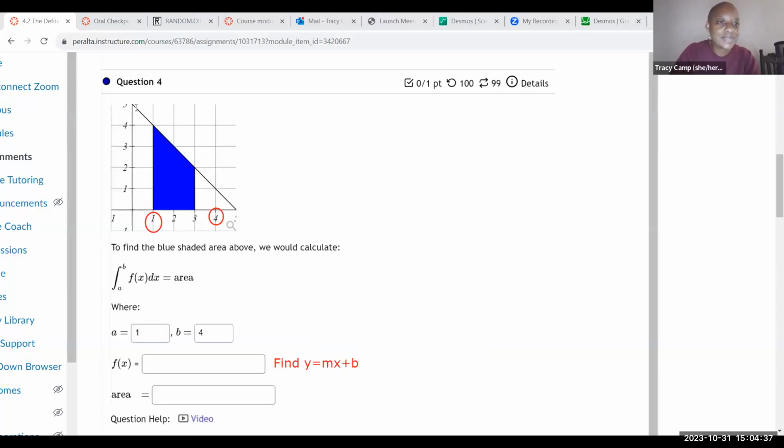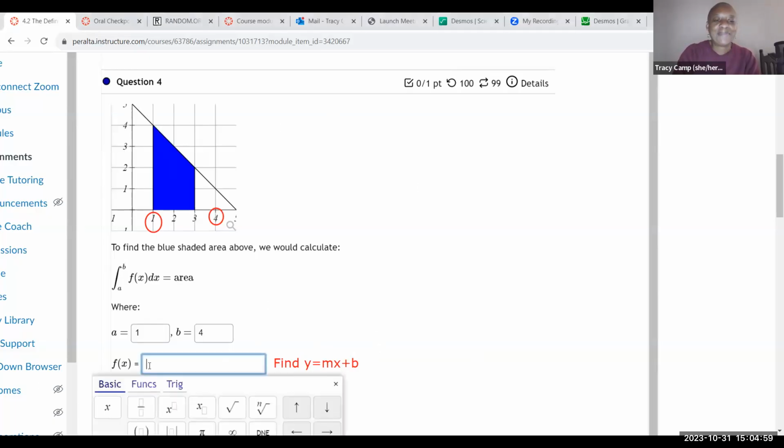It looks like the b is 5. I'm going to guess that the b is 5 because b is the y-intercept. And then my slope, I go down 1, to the right 1, down 1, to the right 1. Looks like my slope is -1. So if I'm reading this correctly, I'm going to guess that my function is -1x, my slope being -1, plus 5.